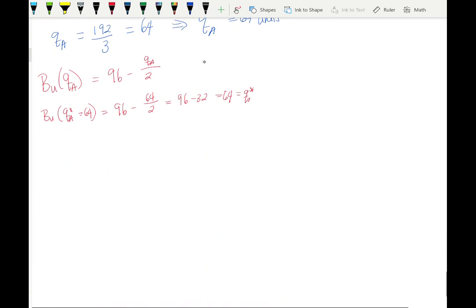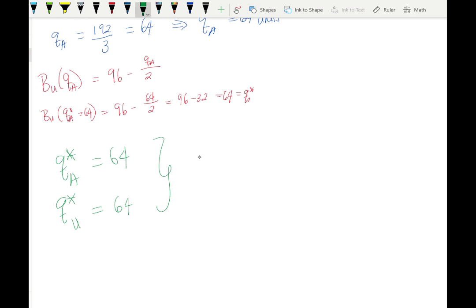All right, up to this point, we have figured out the Q star for American Airlines is 64. The Q star for United Airlines is 64 as well. With these two, we can figure out the market quantity, which would be QA plus QU, which is 64 plus 64, which is 128 units.